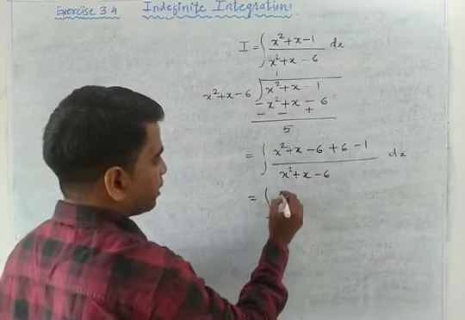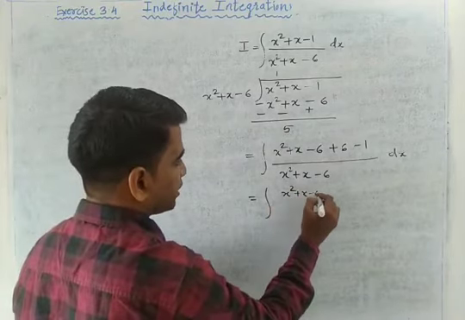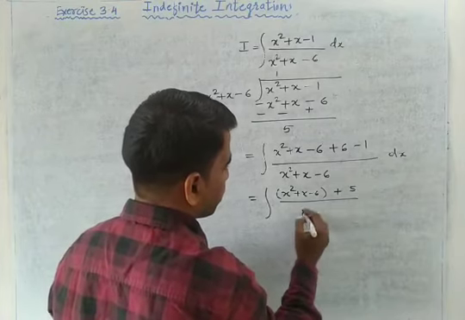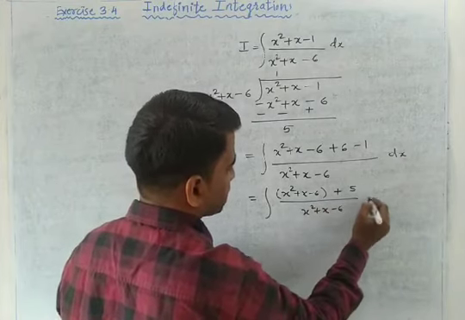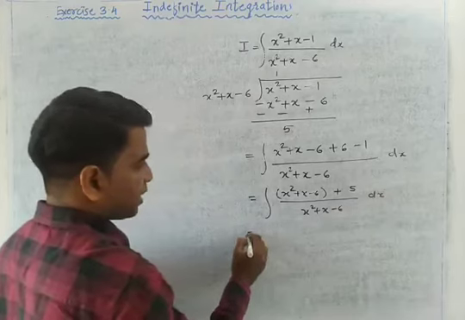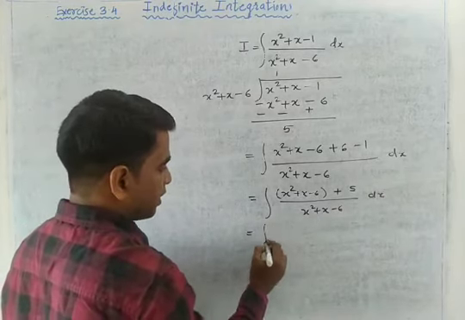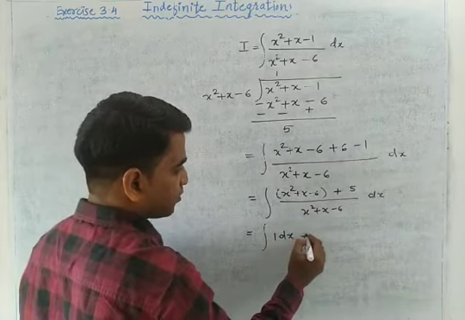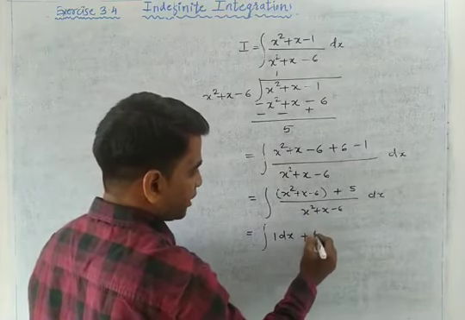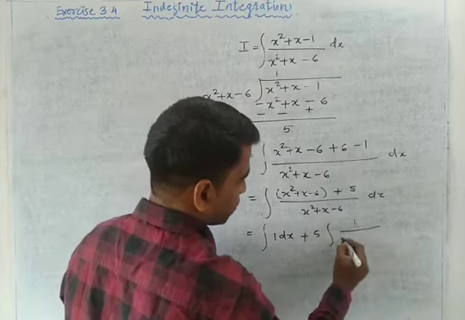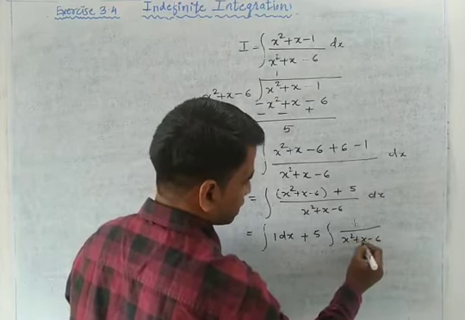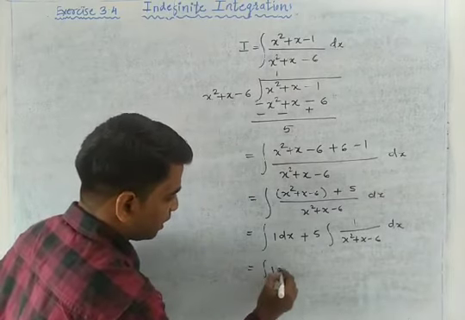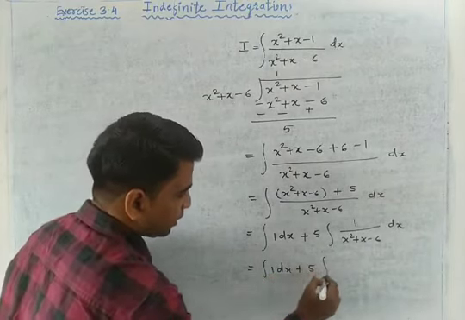So with respect to that, x square plus x minus 6 will fix in one bracket, plus 5 in the second part, and x square plus x minus 6 dx. Now separate that integration, we will get integration, this bracket and denominator bracket cancel, 1 dx plus 5 will take outside, integration 1 upon x square plus x minus 6 dx.